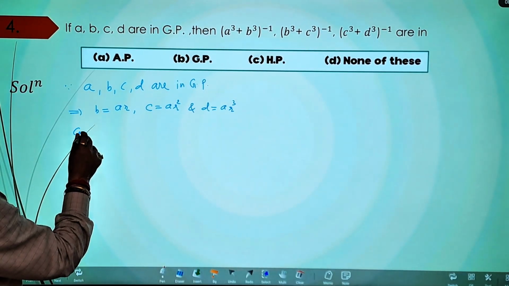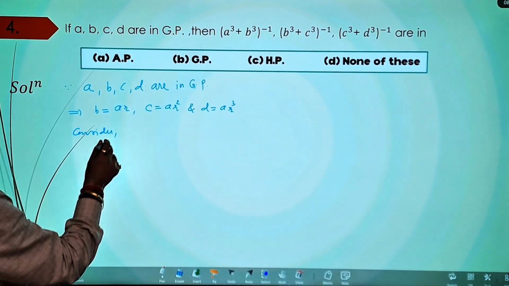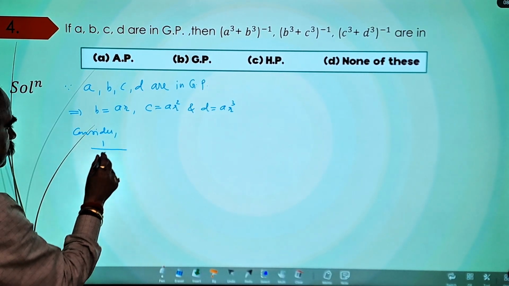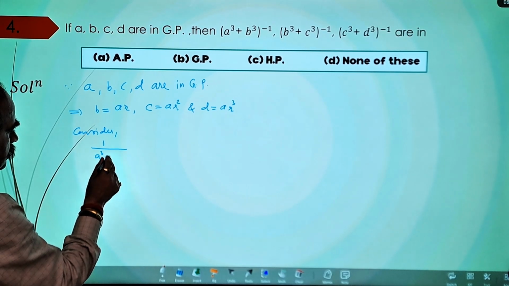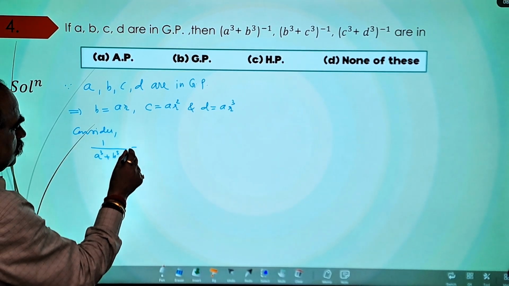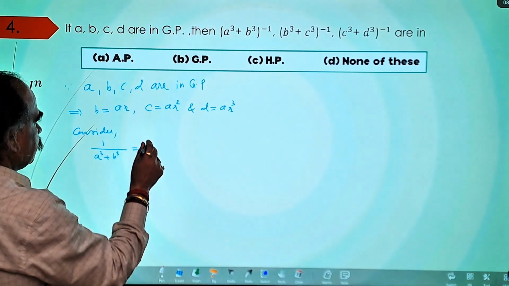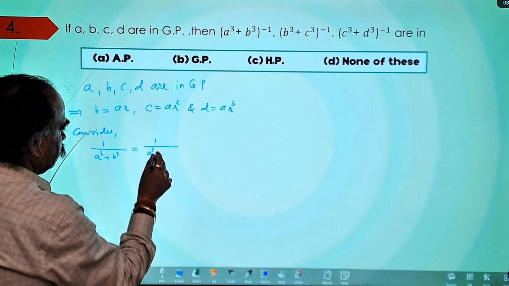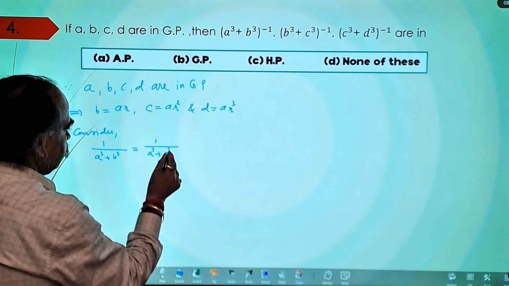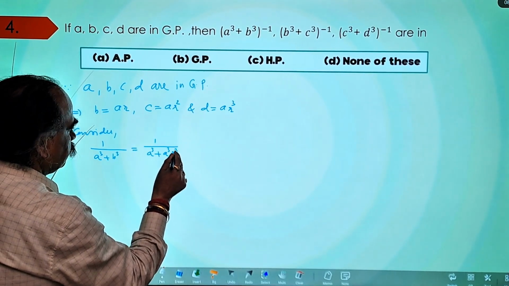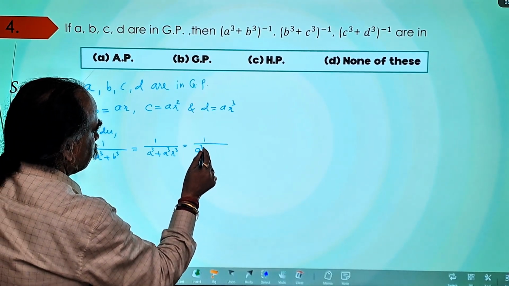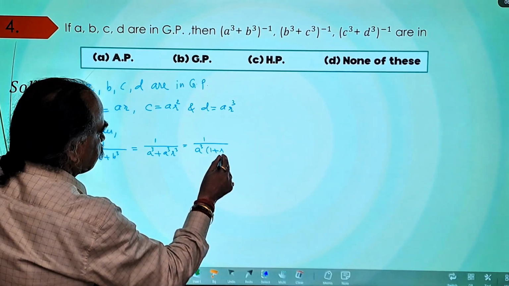Consider 1 upon A cube plus B cube, the value of this is what? 1 upon A cube plus A cube R cube. 1 upon A cube common in bracket, 1 plus R cube.